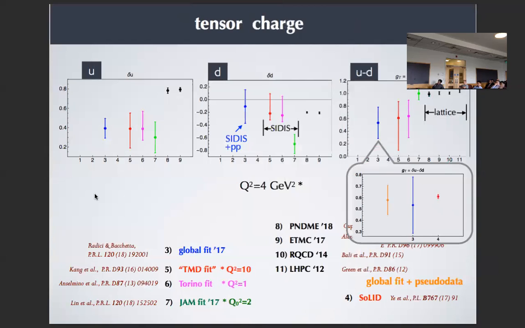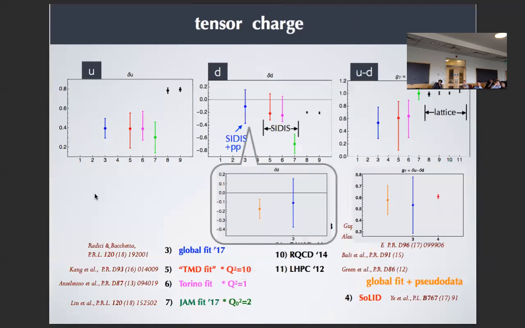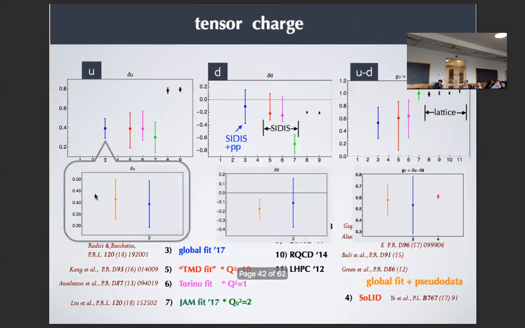And this reduction in the error bars of the orange point, basically in the isovector component, comes mostly from the down quark component, which has much smaller error bars than before, while for the up quark nothing basically changes.